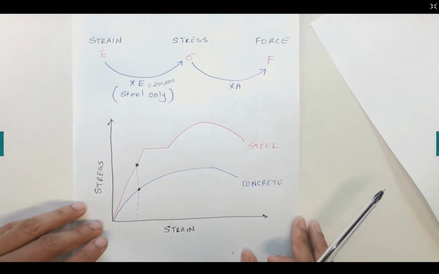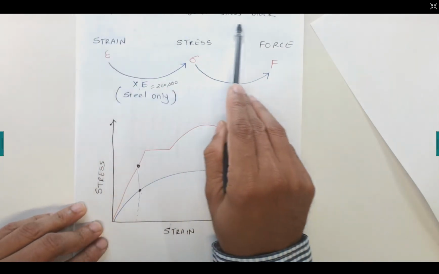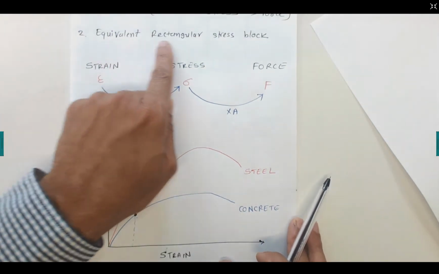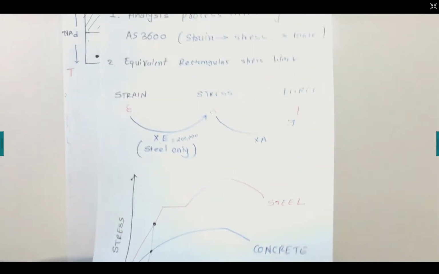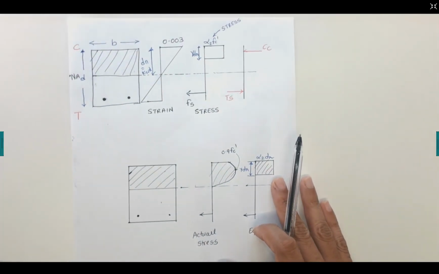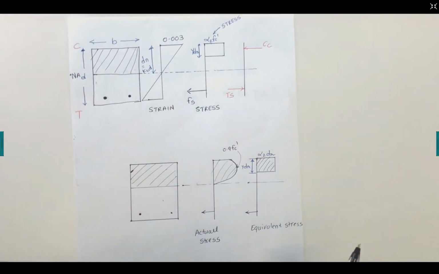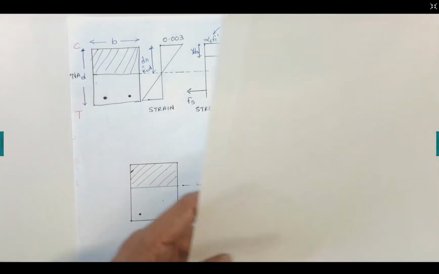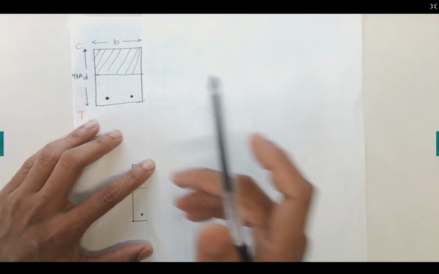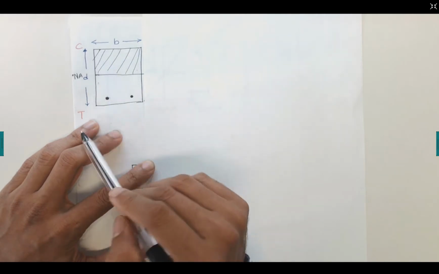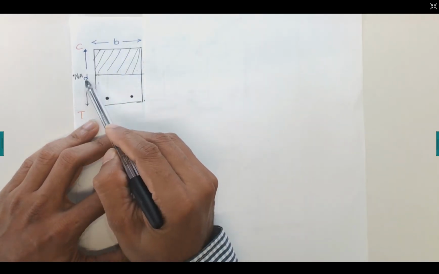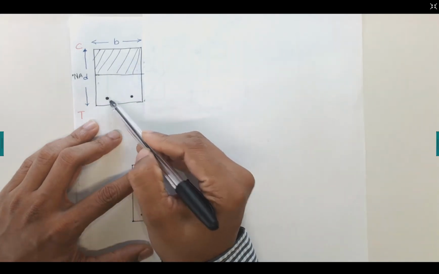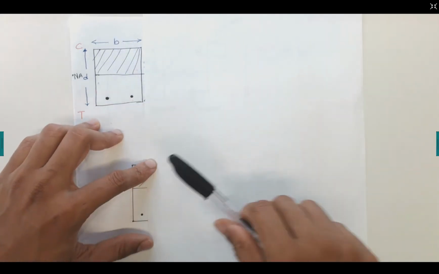Now the next one is the equivalent rectangular stress block theory that I'm going to discuss for the design of beam. In that case we can take this rectangular stress block theory here. Start with a very small rectangular cross section of the concrete. We have a width B, depth D. In that case we have reinforcement on the tensile side.